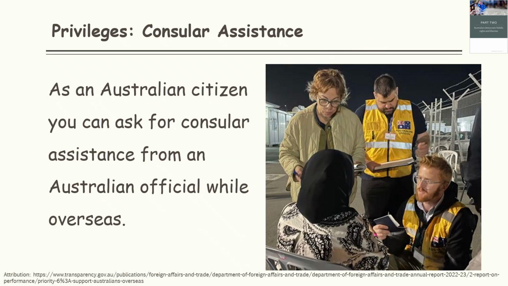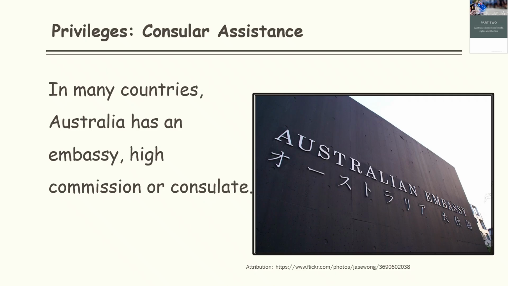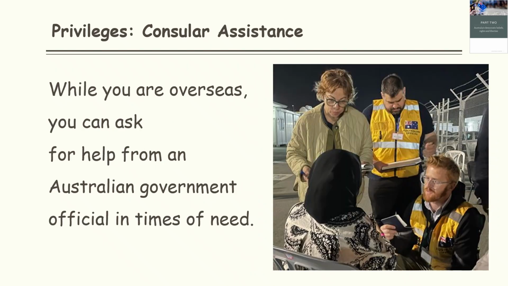As an Australian citizen, you can ask for consular assistance from an Australian official while overseas. In many countries, Australia has an embassy, high commission, or consulate. While you are overseas, you can ask for help from an Australian government official in times of need.